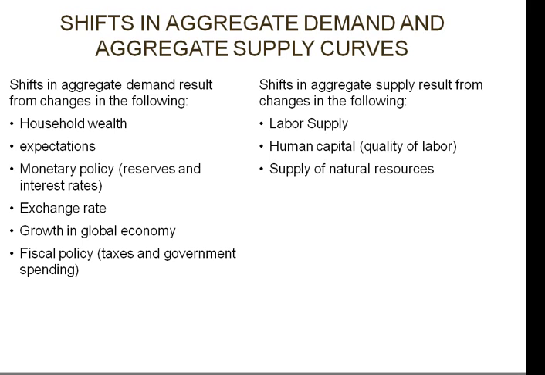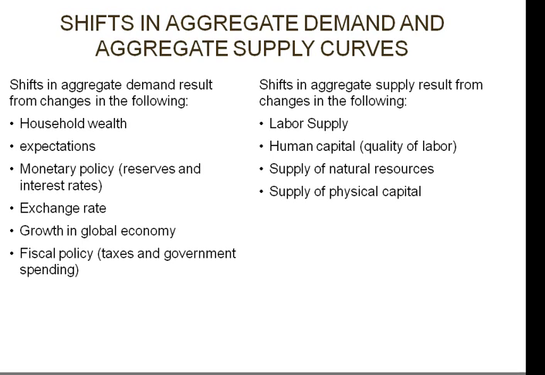Supply of natural resources: if new resources become available, or we discover new resources of oil and other natural resources used for production, then our aggregate supply will boost as our production increases.